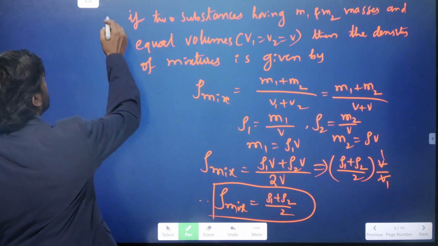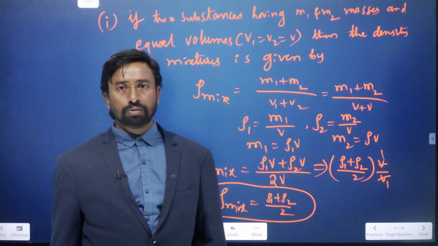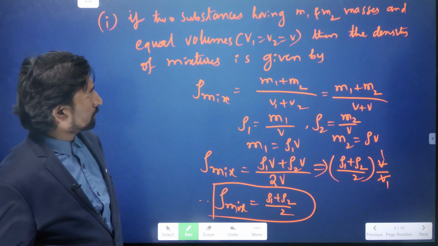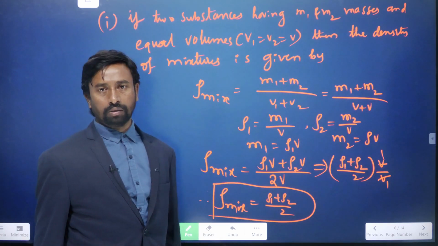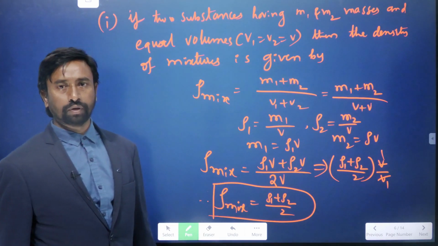So it is the first case, and now we are going to see the next, second case. In the second case, the two substances will have equal mass and different volumes. Then what is the density of the mixture expression? That we are going to see now.